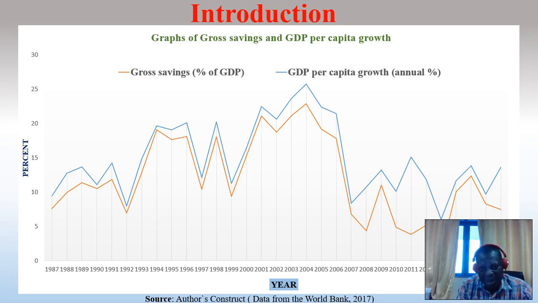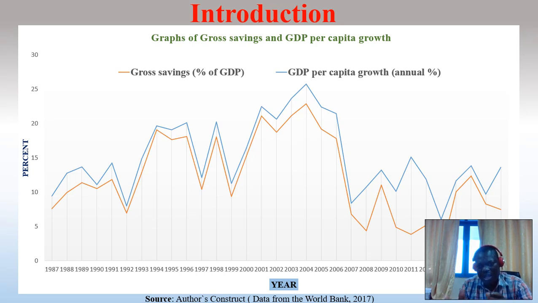The only area where there seems to be some deviation in the trend is around 2010 to 2012. In 2010, we had our GDP rebasing, and thereafter we saw the gross savings falling sharply.